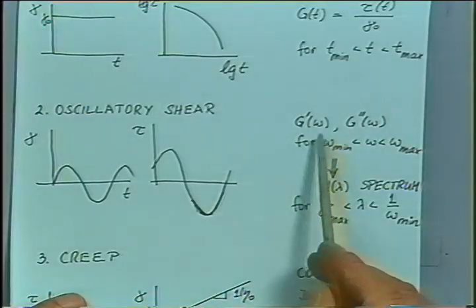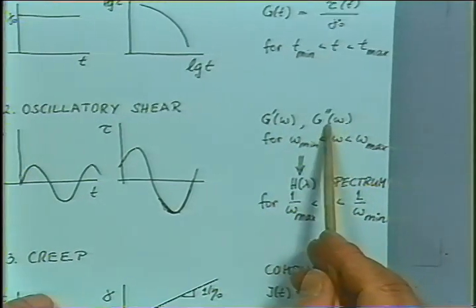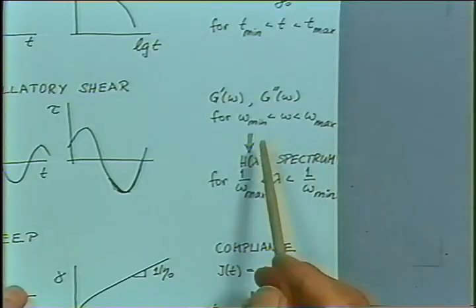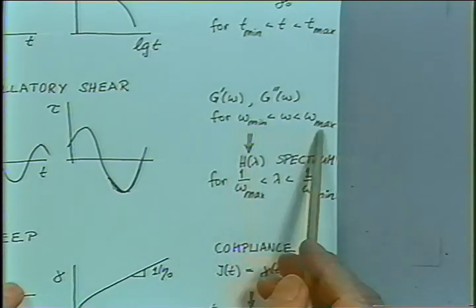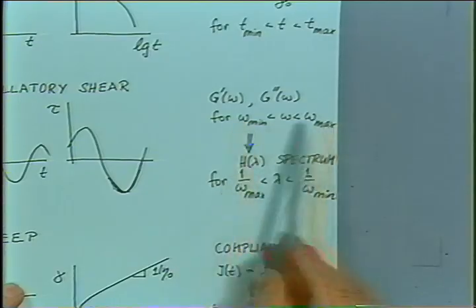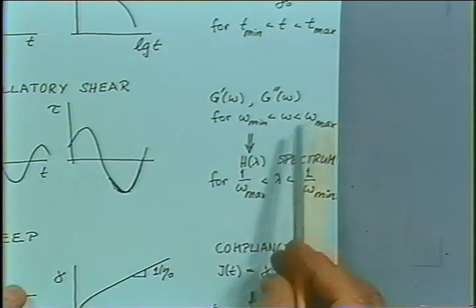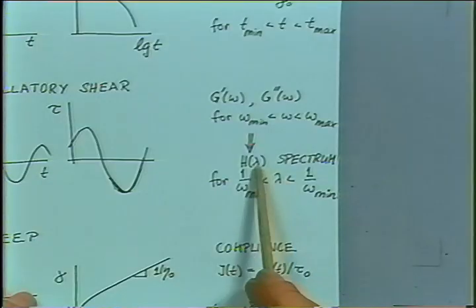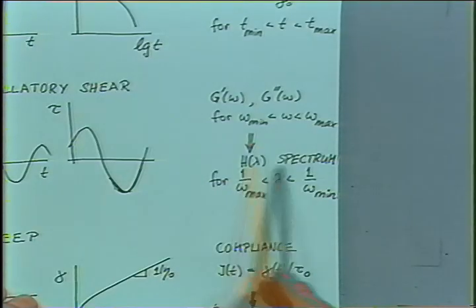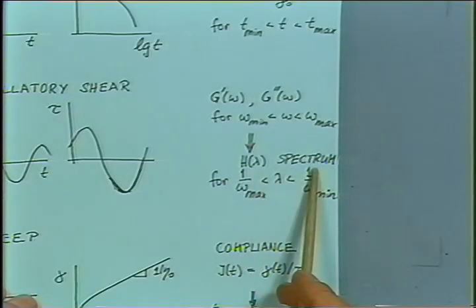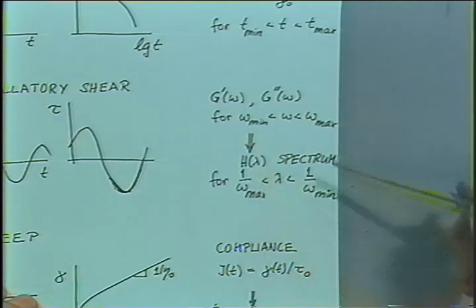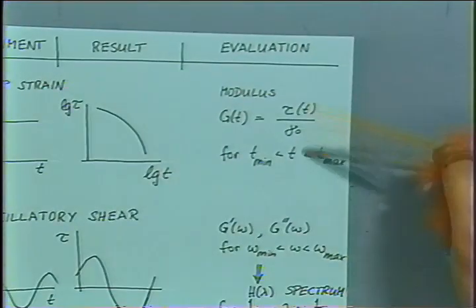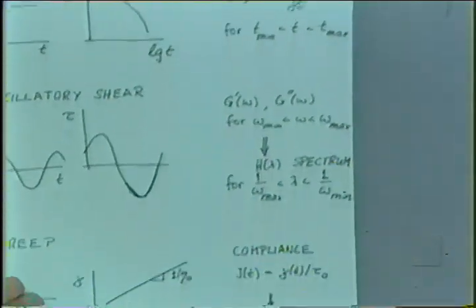The data is reduced into a storage modulus and loss modulus in a frequency window between a minimum frequency and the maximum, depending on your instrument, so range of frequency. And from that, you can calculate the relaxation time spectrum. We will talk about this, how to go from here to here. So it's not as easy as up here, where we got the result immediately.